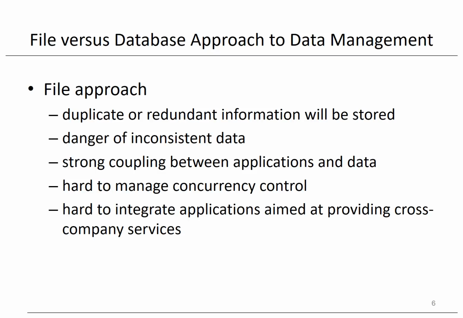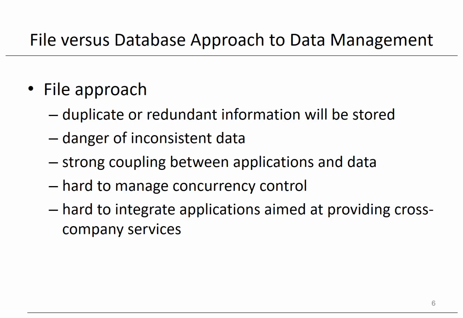In this file approach to data management, there is a strong coupling or dependency between the applications and the data. A structural change in a data file necessitates changes in all applications that use it, which is not desirable from a maintenance perspective.